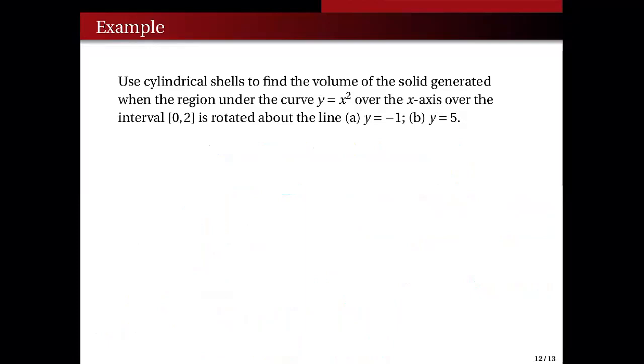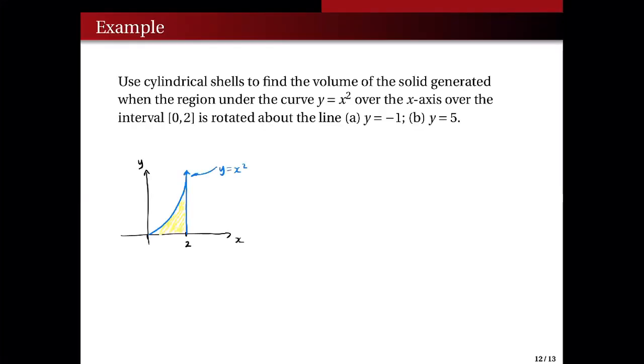So we want the volume of the solid generated when this region between the curve y equals x squared over the x-axis over the interval 0, 2 is rotated about the line y equals -1 and y equals 5.